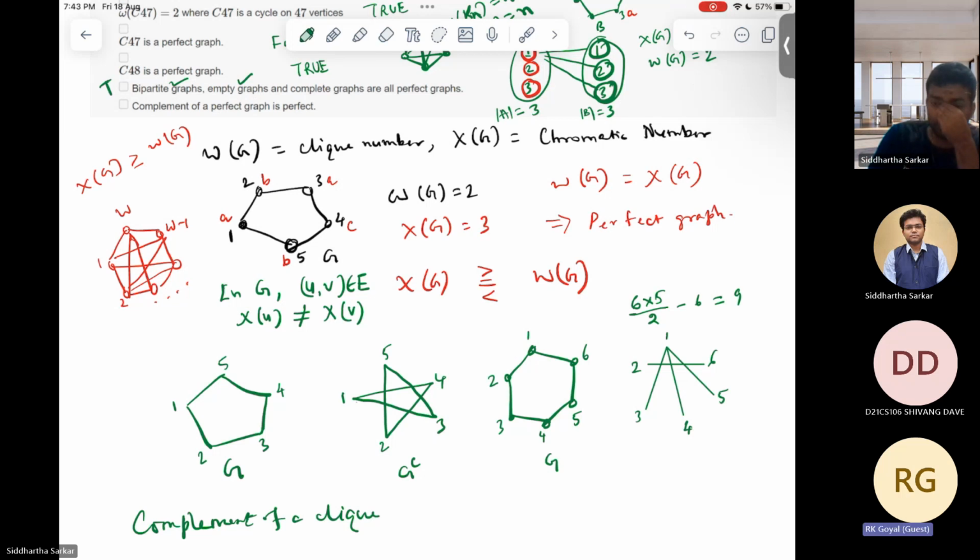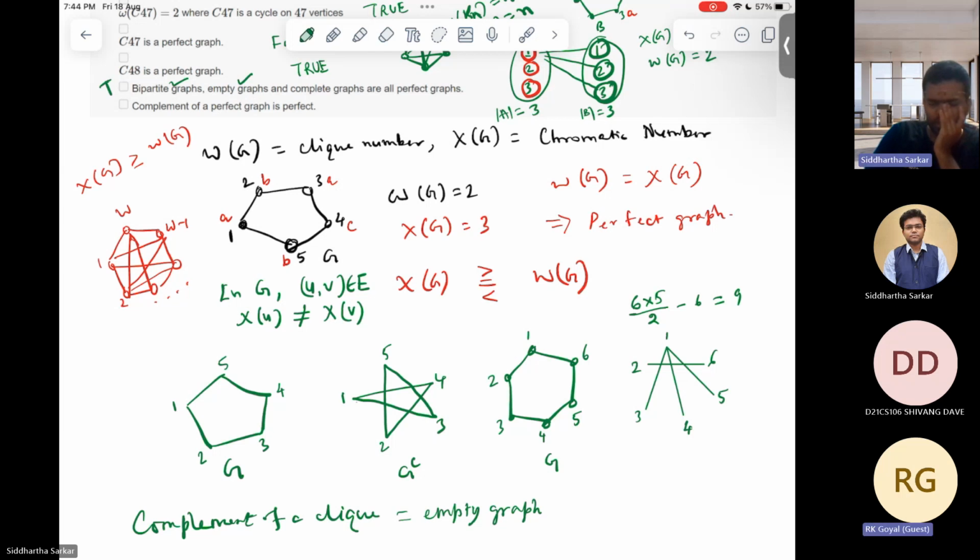So the complement of a clique is this. I don't know whether it's technically true or not. Complement of a clique is the same as independent set. No, no, the complement of a clique will be empty because all the edges will be deleted.